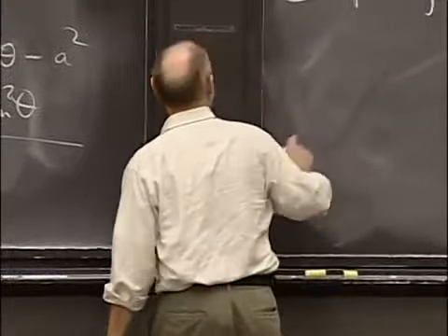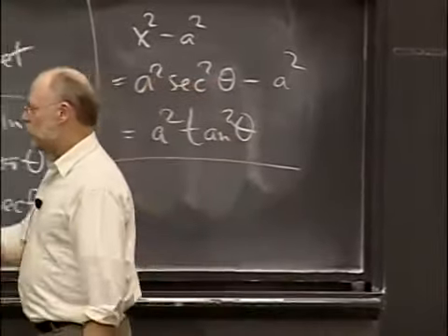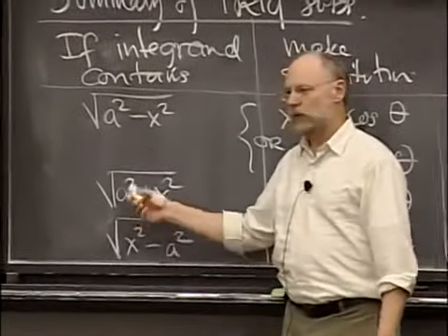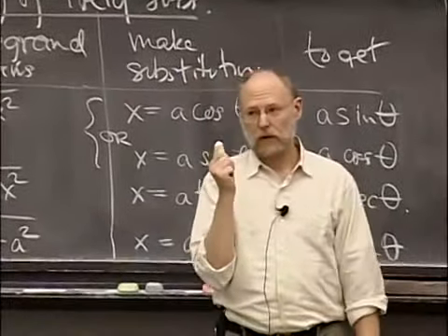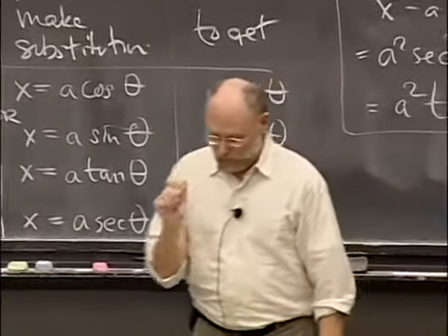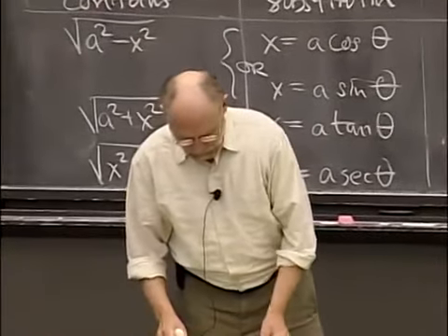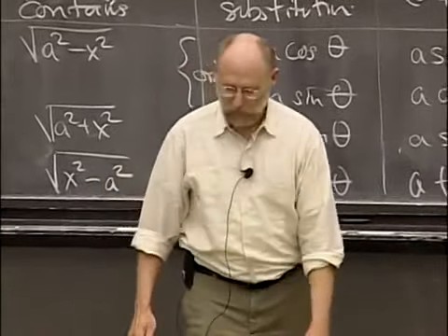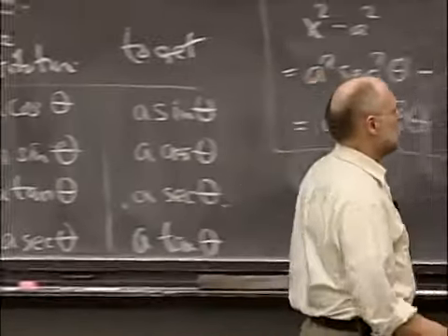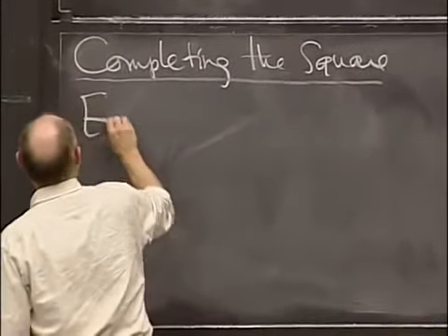You will often encounter things that are not just the square root of something simple, like one of these forms. Like there might be a middle term in there. I don't actually have time to show you an example of how this comes out in a practical example, but it does happen quite frequently. And so I want to show you how to deal with things like the following example.